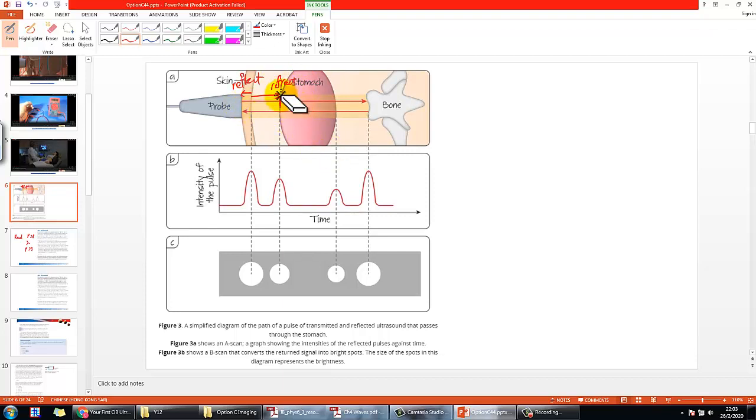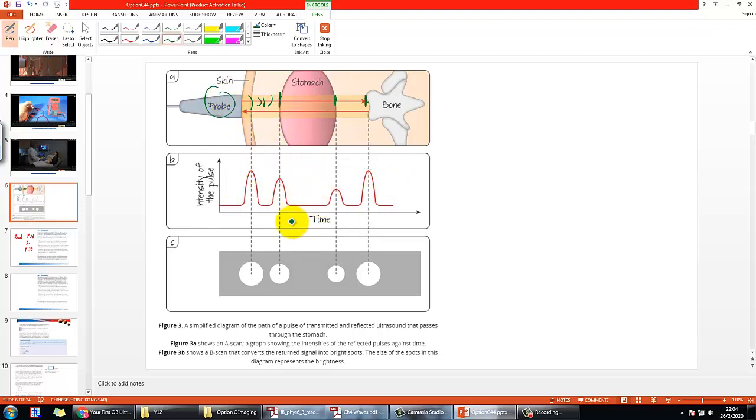Also at this boundary, again reflection and refraction will happen. Same for this, same for this. Okay, and therefore you have a signal of this, you have a signal of this, and this at different times, because when the wave travels through it, it will take different time to bounce back to the probe.